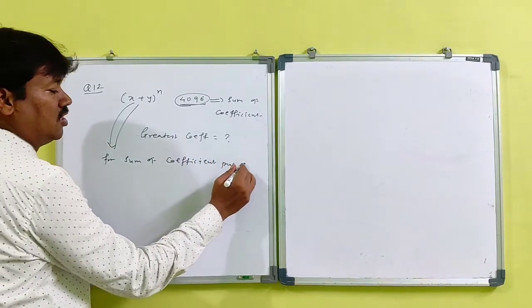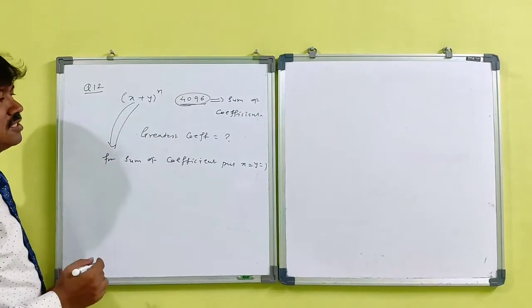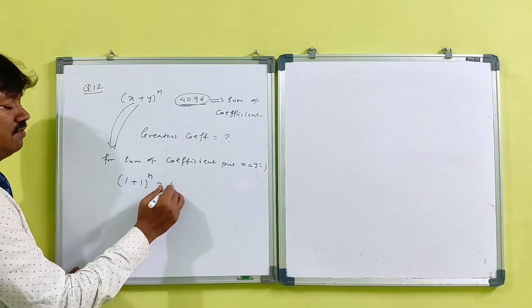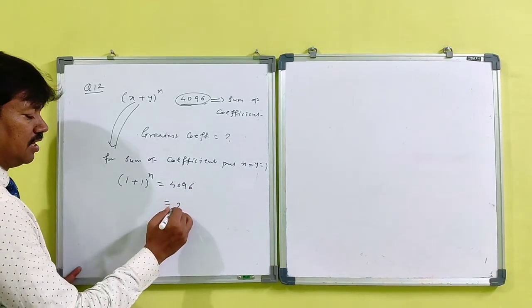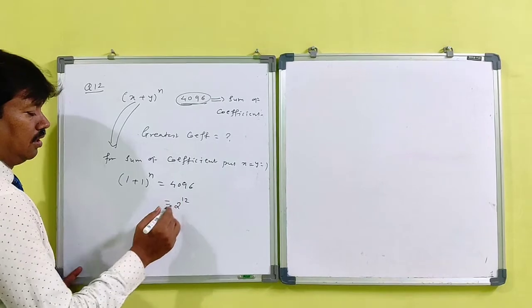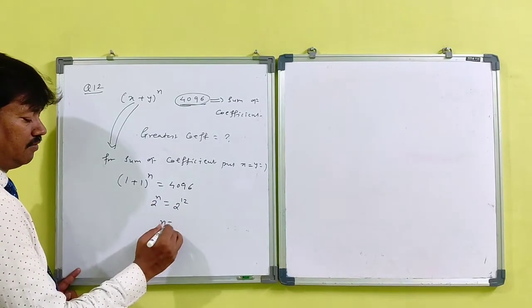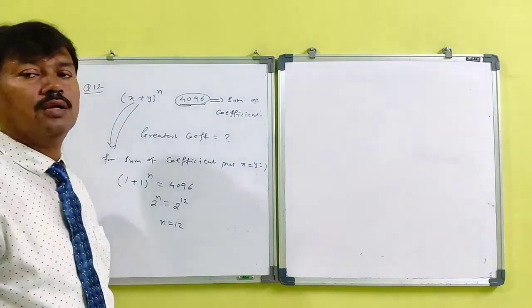So for the sum of the coefficients, put x is equal to y is equal to 1 in this. So that is 1 plus 1 raised to n, that is given as 4096, and 4096 is nothing but 2 raised to 12, and this is 2 raised to n. So clearly, comparing, we can say that n is equal to 12.